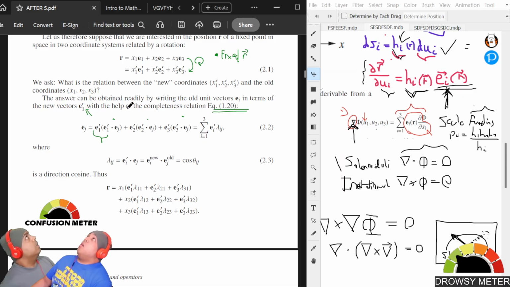You're projecting one vector onto the other. So over here you're projecting e'_1 onto e_j, e'_2 onto e_j, e'_3 onto e_j, and then adding them up.